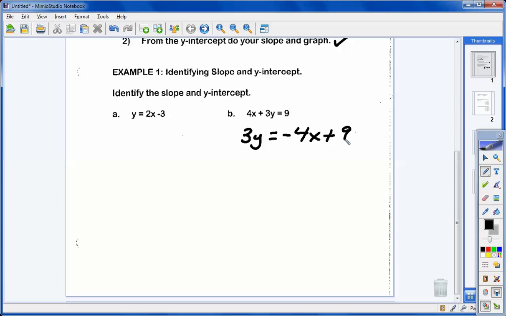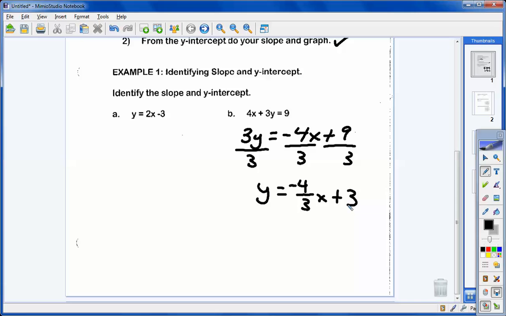You guys agree with that? And then you divided everything by 3. Yep. So in this case, this allows me to put this in slope-intercept form, and we ended up with negative 4 over 3x plus 3 yesterday, right? And once I got that down into function form, we said, hey, what's the slope?